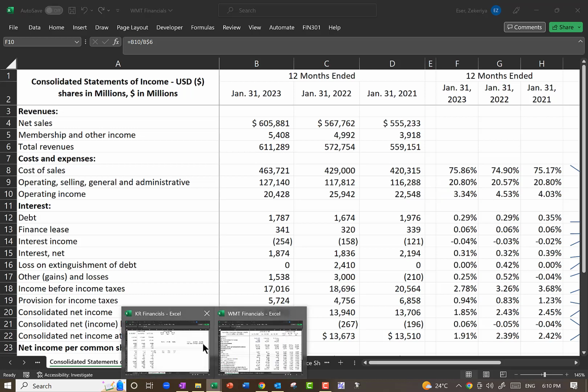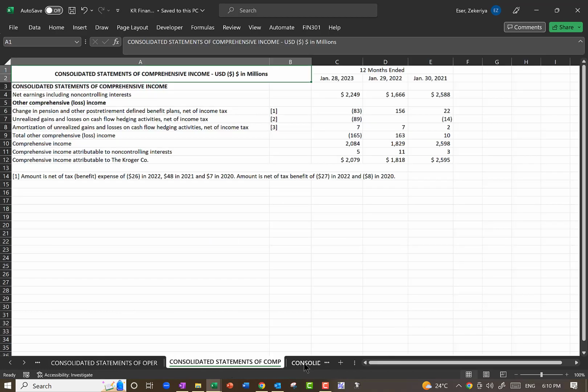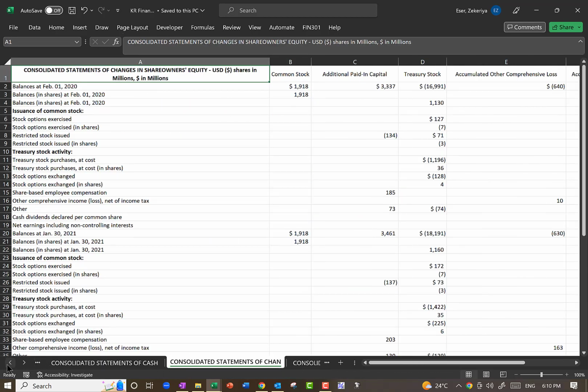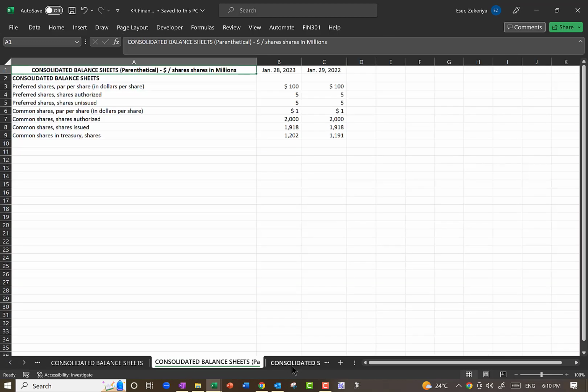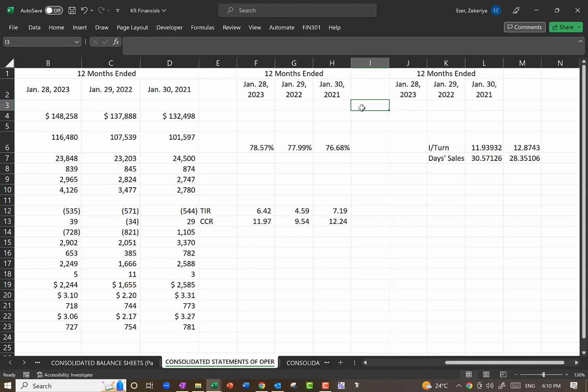Now let's look at Kroger. Before looking at it, I want your prediction of whether profit margin is lower or higher for Kroger, just based on what you know for those companies. Anyone?